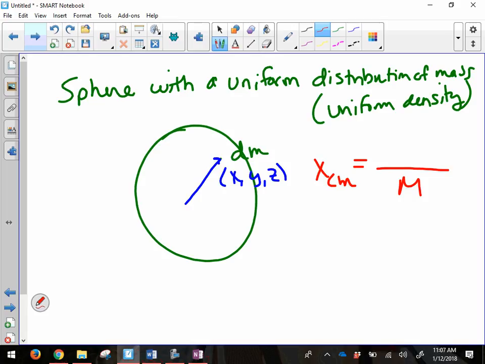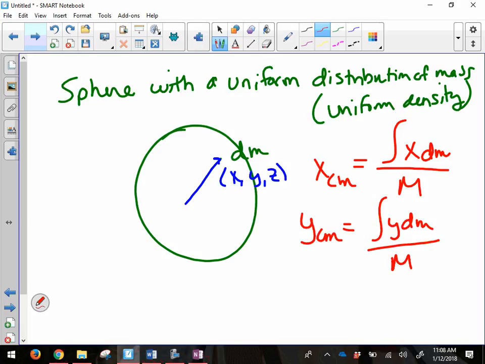And I'm still going to take each particle that has a mass dm and multiply it by its position. But because I'm adding up an infinite number of them, which are infinitesimally small, instead of summing, I take the integral. And as you might suspect, I can write a similar expression for y and z.